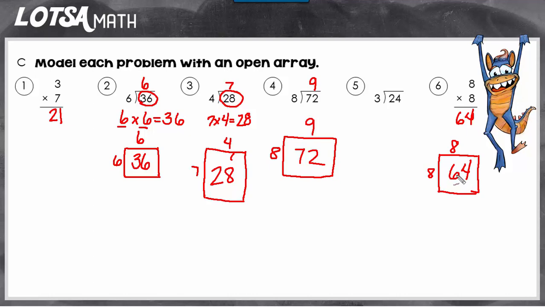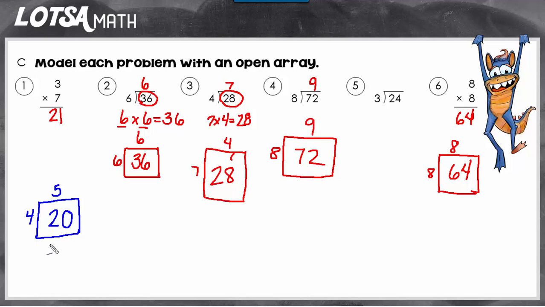So I want you to notice that every one of these problems looks the same. Just by looking at one, let's say I create one that has a length of 5 and a width of 4, which would give 20 altogether.